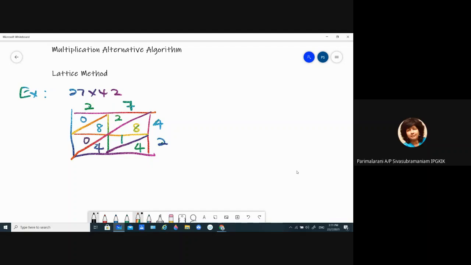Then you add along the diagonals. 4, 8 plus 1 is 9, 9 plus 4 is 13, so 3 and carry 1. 1 here. Reading from this way, the answer is 1134. Easy.